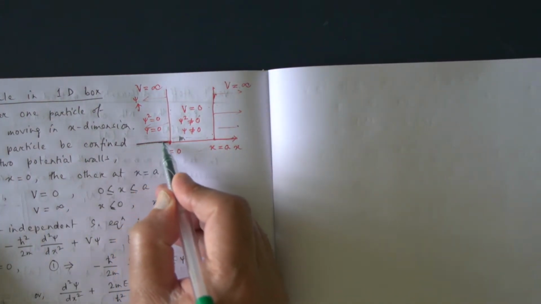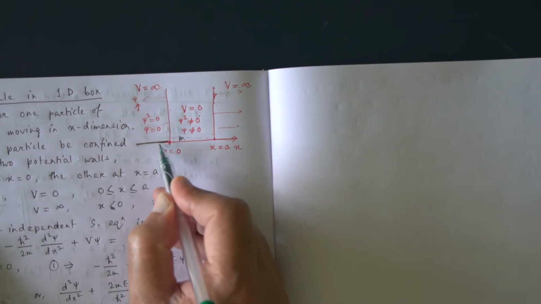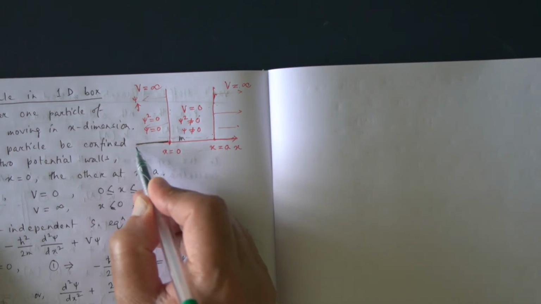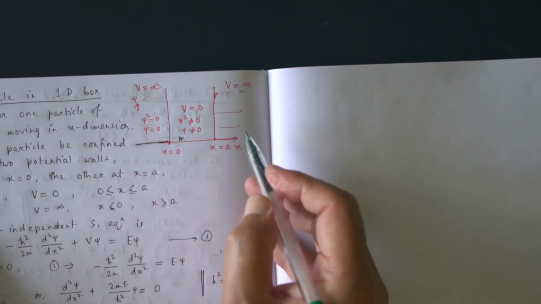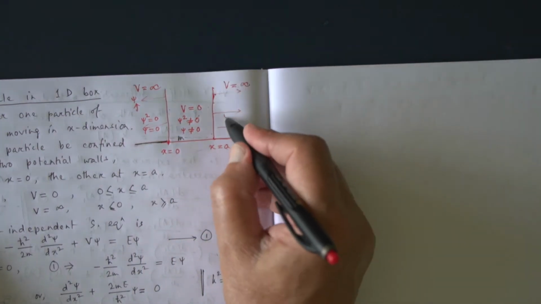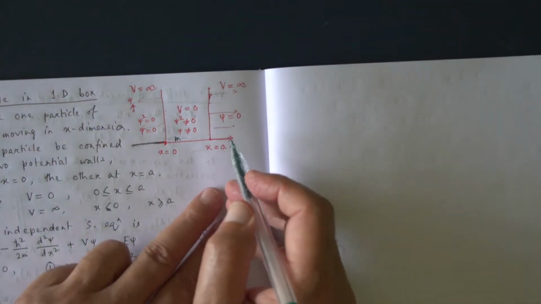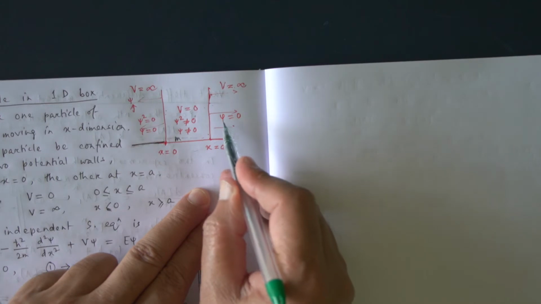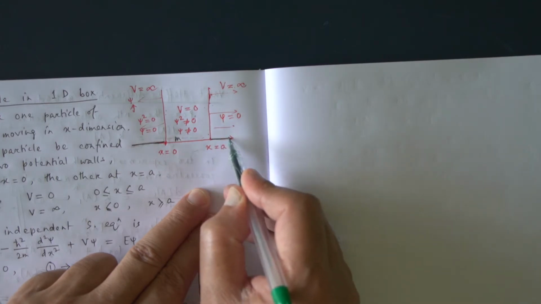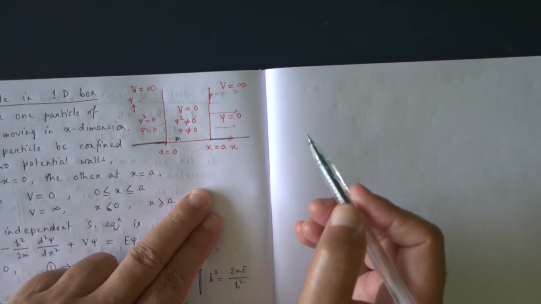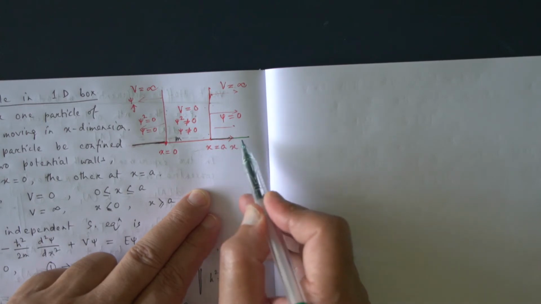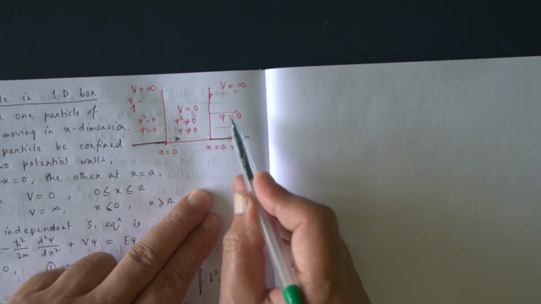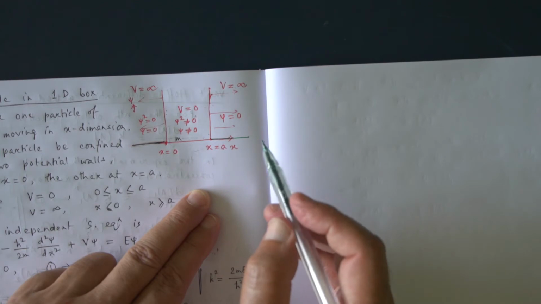Graph will be this only, because whatever the value of x may be, psi is 0. Similarly, here also psi is 0. So if we draw a graph between psi and x, the graph will be this only, because whatever the value of x may be, psi will be 0 only. So this is the graph.